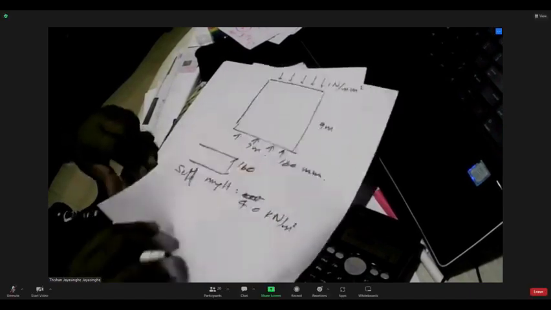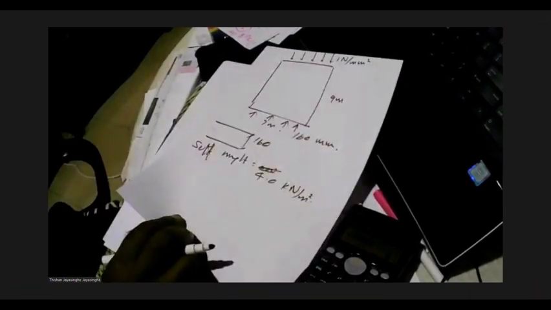The first task is to find how much load that this can carry with a pre-stress of 1 Newton per millimeter squared in the longer direction.